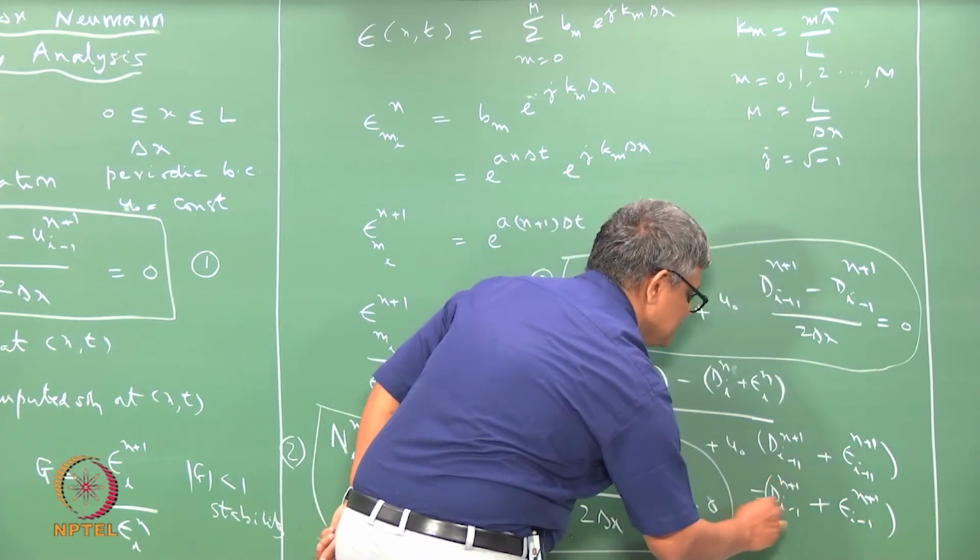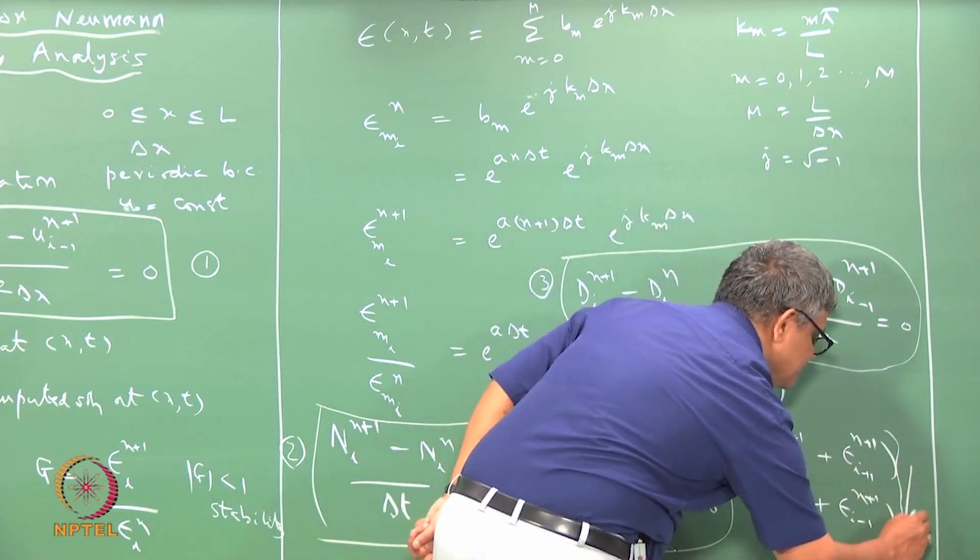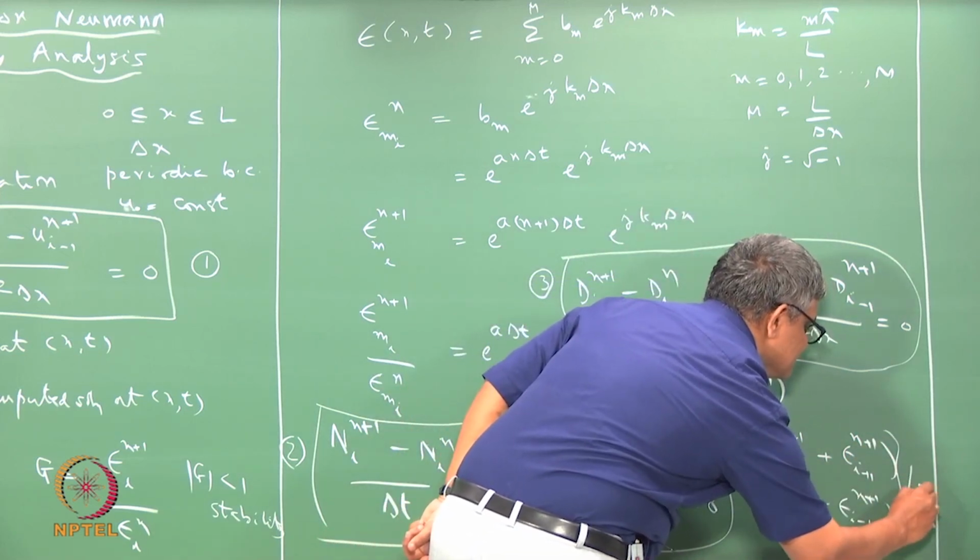Okay, so this minus this whole thing divided by 2 delta x equal to 0.